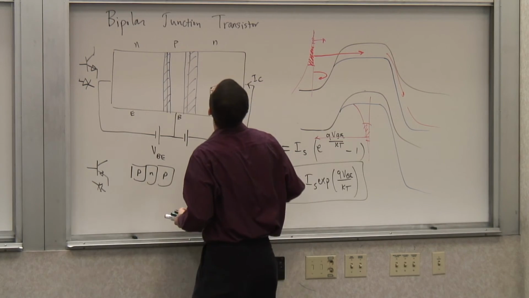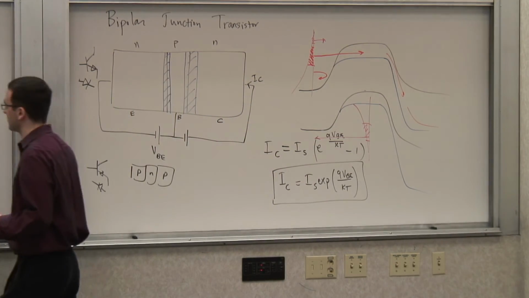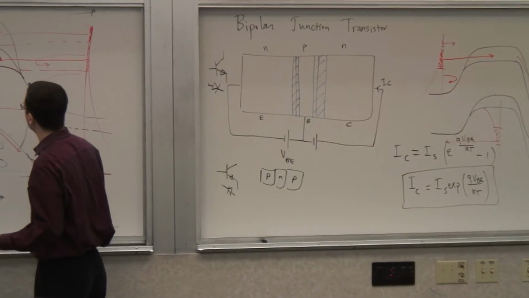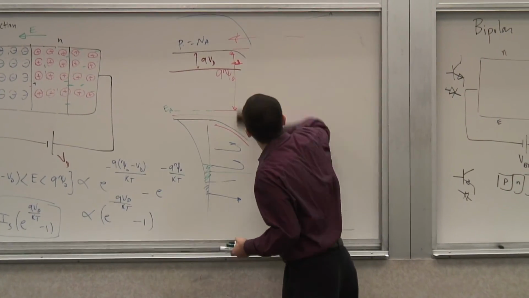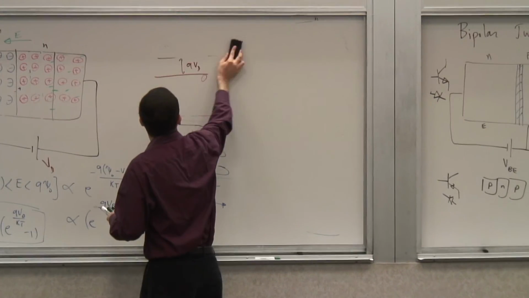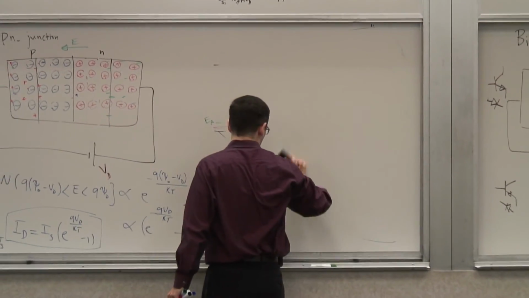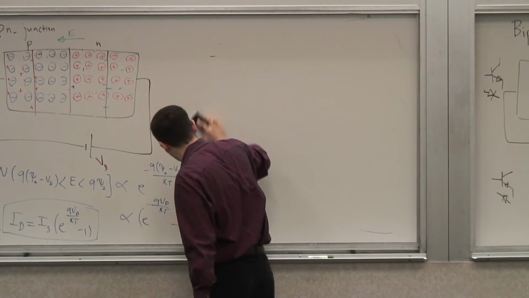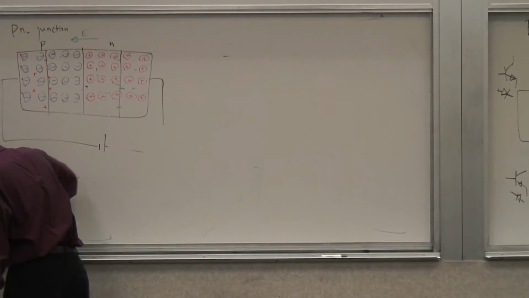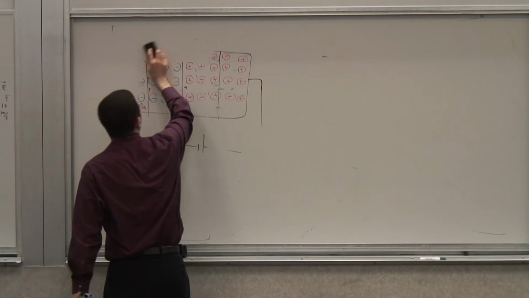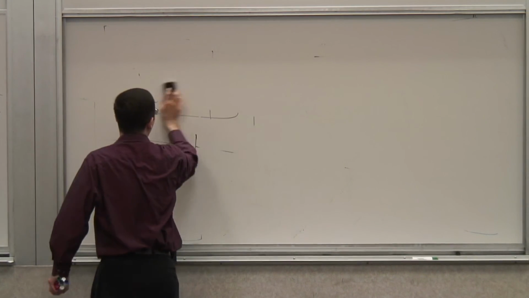So let's see. How would you define the emitter injection efficiency? I want to define an efficiency that the closer it is to 1, the better off I am in that sense. So the useful component of the current is the electronic current, and the useless part of it is the hole current.